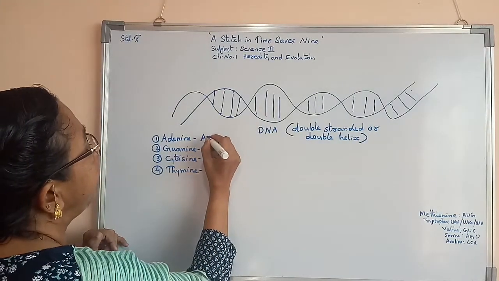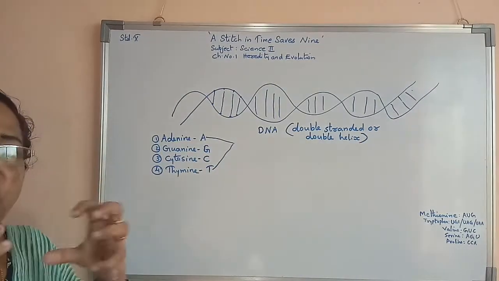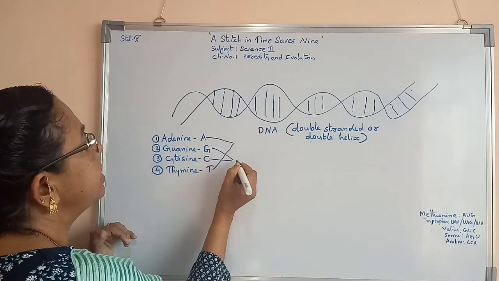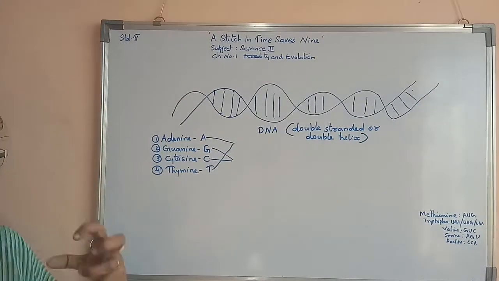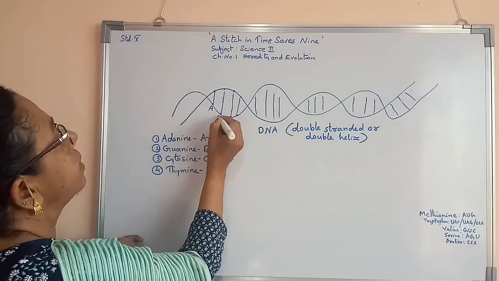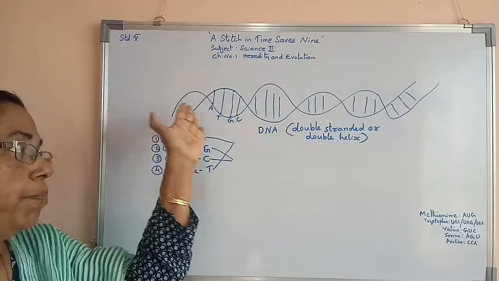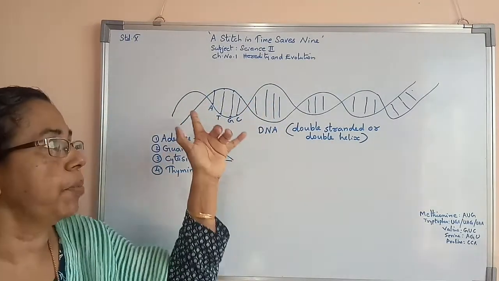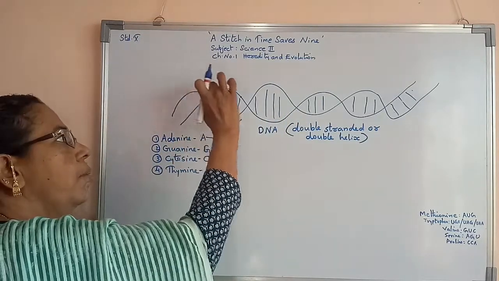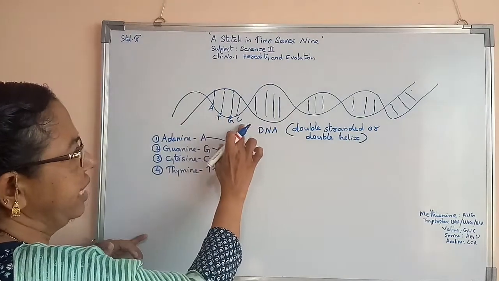Now here one more specialty is there. A as well as T pair, join, and G as well as C pair, join. So how will it be? Suppose I write A, T, G, C. A large number of such nitrogenous bases will be there on both the strands. Here I wrote ATGC.